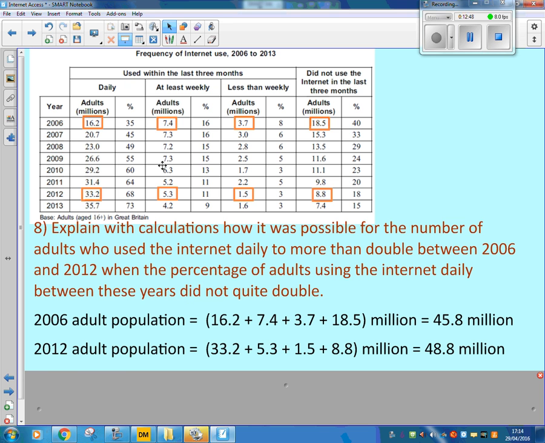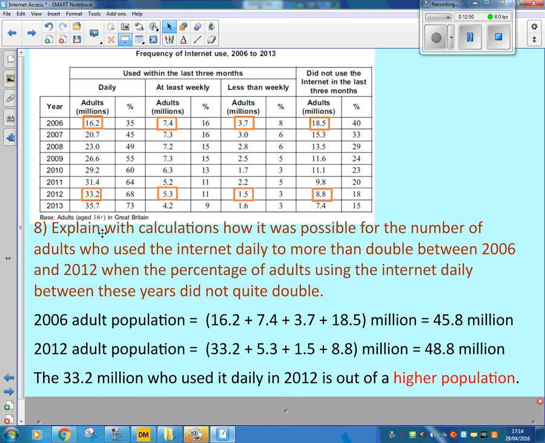And so when you're working out the percentages, the 33.2 million who used it daily in 2012 is worked out on a higher population. And because it's worked out on a higher population, you get a bit smaller percentage than you would have expected. So that's why that one more than doubles, but the percentage doesn't quite double, because that second percentage is worked out on a higher population.